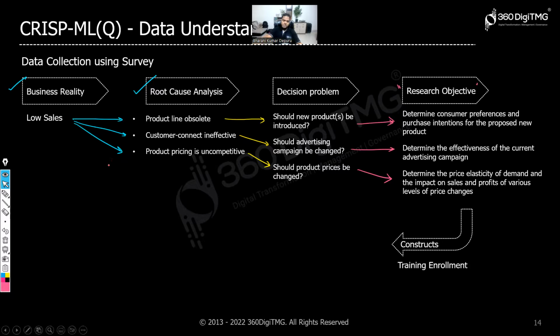Then you come up with something called constructs. If this is a training industry, let's look at training enrollments. So you think about some broad construct. Think about the trainer's quality, some broad construct, or trainer's qualification, another construct.